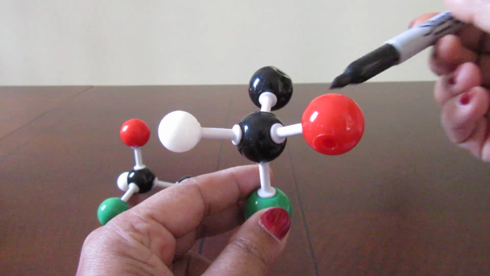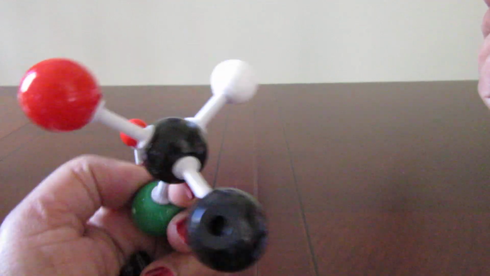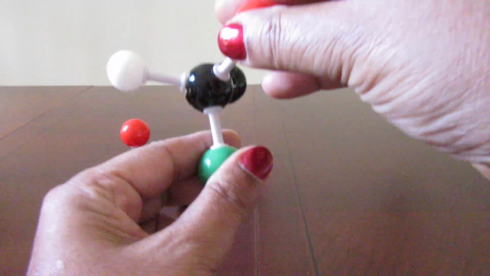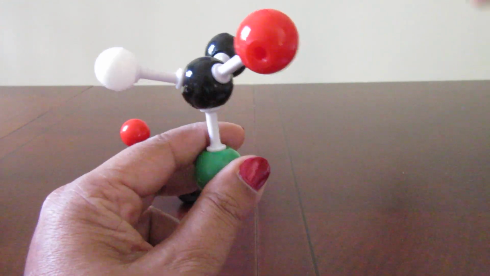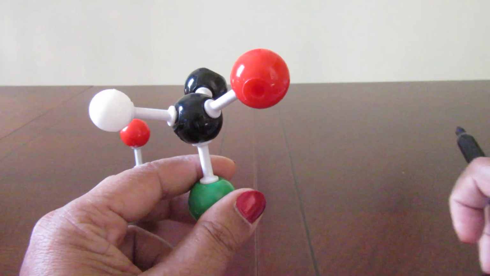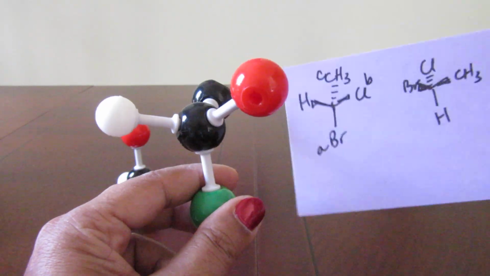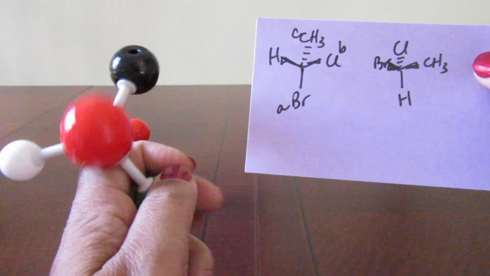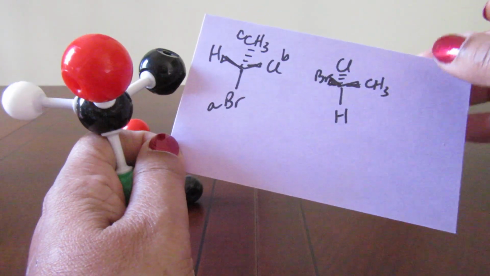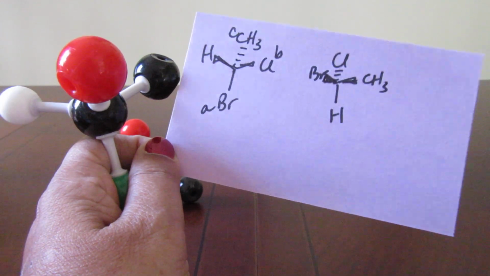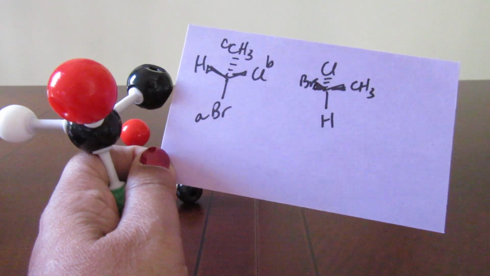When you look from this side, you still have to put the lowest group at the back, but it's already at the back this way. Now you're looking at it this way. What I want to show you here, because this is a common mistake, is when you have the CH3 going to the back, the most important thing for us to do is to make sure that when we do the R and S, we go from the right atom.